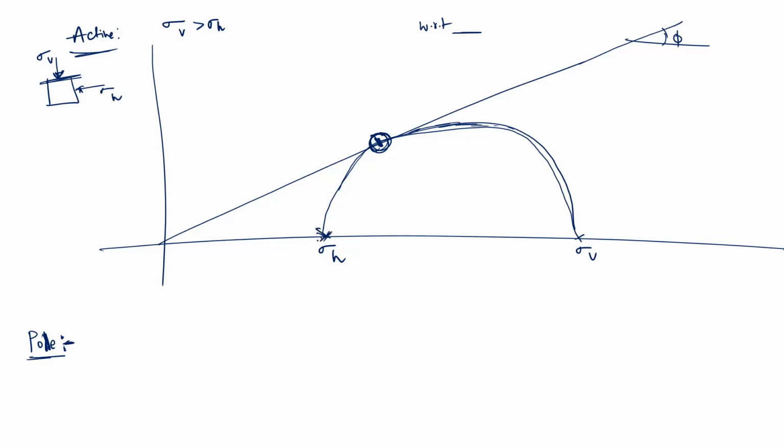Now first let us find out what the pole is here. So finding the pole, you can find it like this. You know the stresses sigma v and sigma h, right? So sigma v is acting on the horizontal plane. So what you have to do is you just have to draw a horizontal line through sigma v.